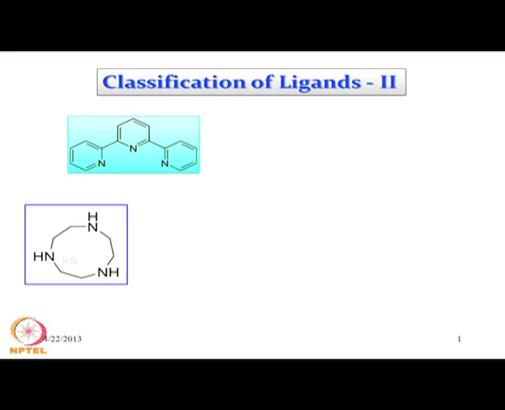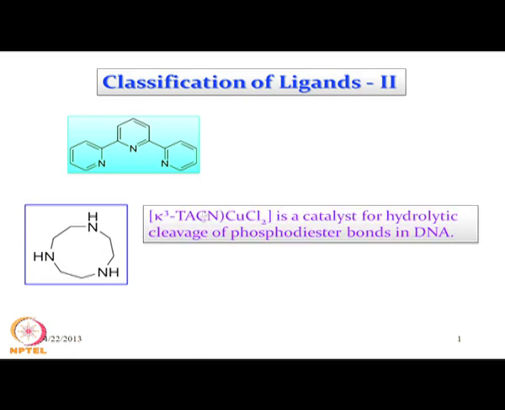So, binding to any metal center can provide us 3 metal-nitrogen bonds, the first bond with this nitrogen, the second bond with this nitrogen, and the third bond with this nitrogen. So, we can make the kappa-3 TACN compound of copper chloride, which is well known as a catalyst for hydrolytic cleavage of phosphodiester bonds of DNA. So, it has some biochemical reactivity for the esterase activity.